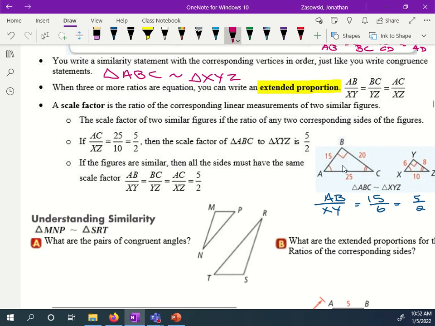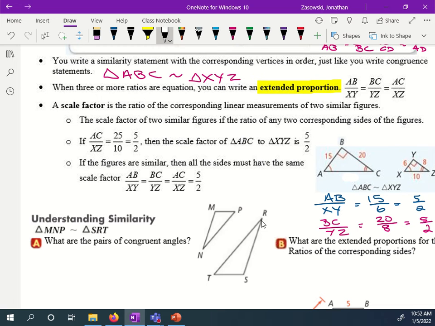And we can also see that if we compare BC and YZ, BC over YZ gets us 20 over 8. And guess what that's equal to? That's also 5 over 2. So it doesn't matter what corresponding side you pick, you're always going to get that same ratio. Make sense? So what happens if I had a question where they didn't give me this? What would we do?